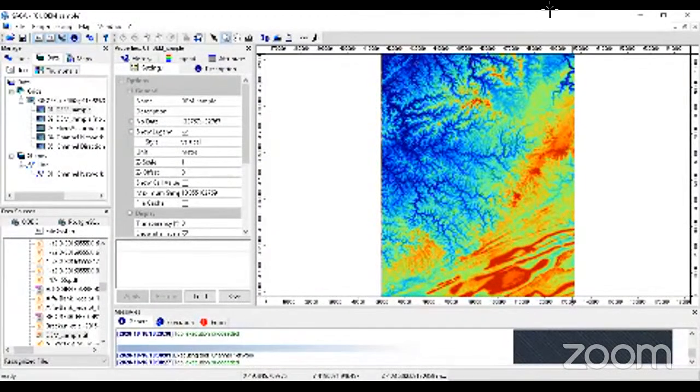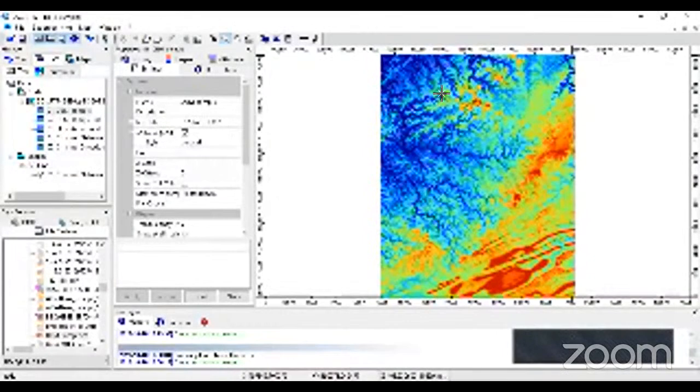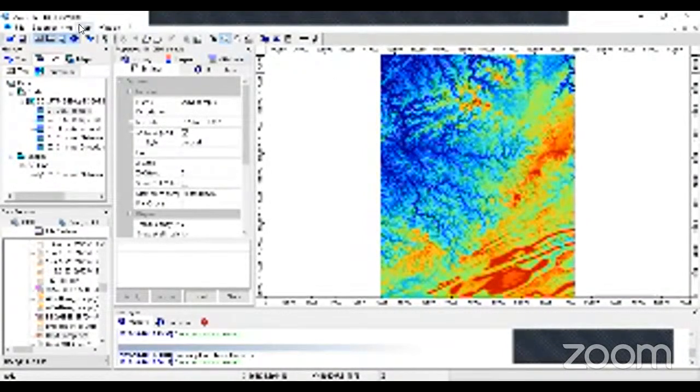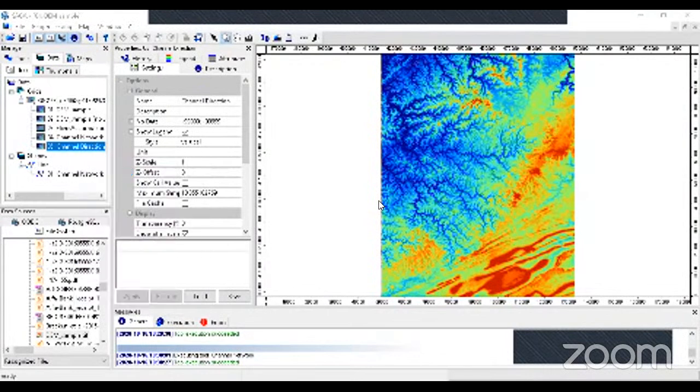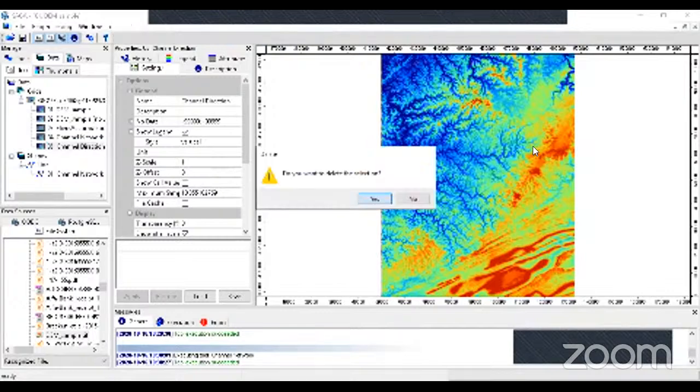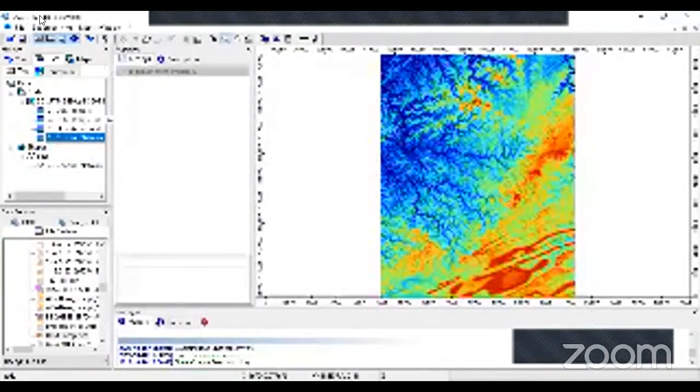Double bounce is also characteristic of urban areas because, again, we have a smooth surface, for example a road, and then we have vertical structures such as buildings. So you have a backscattering mechanism, and it shows SAR signal scattering over inundated regions.